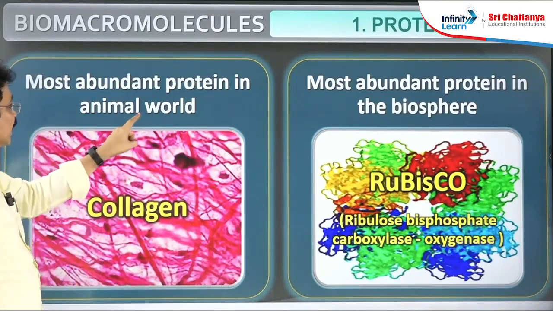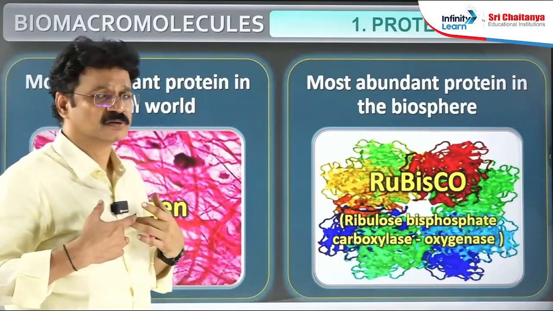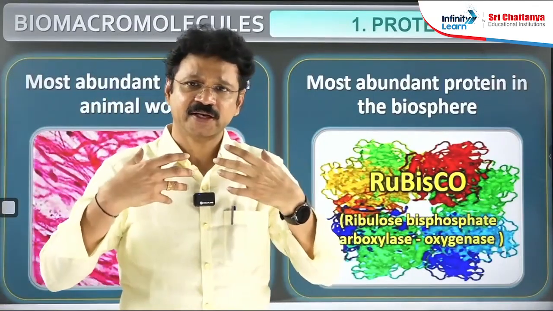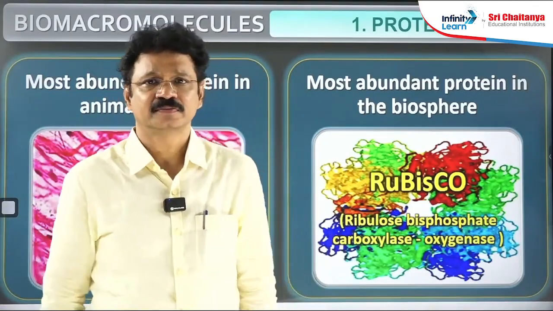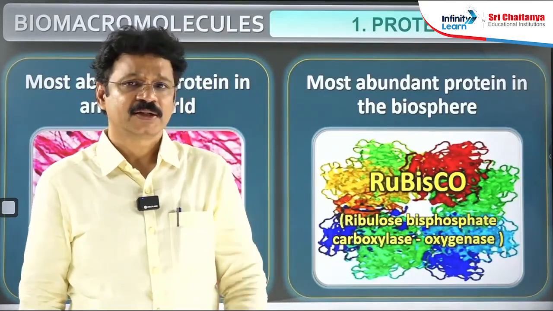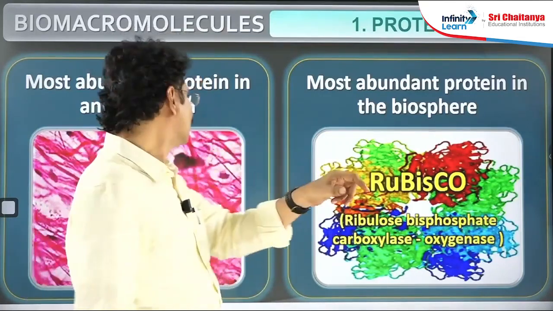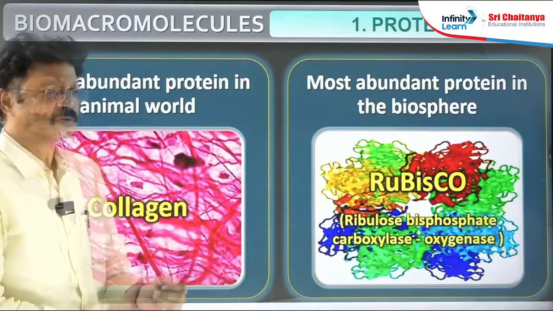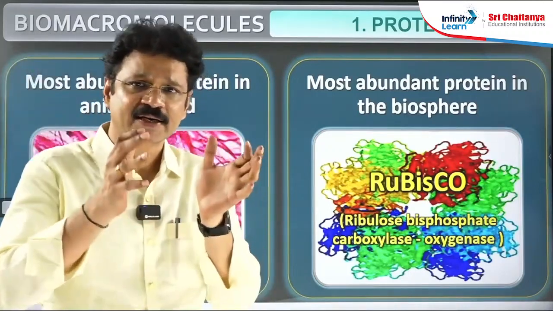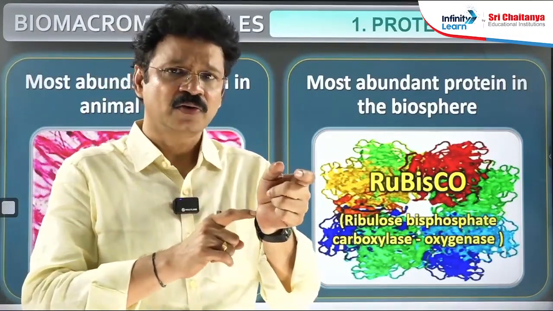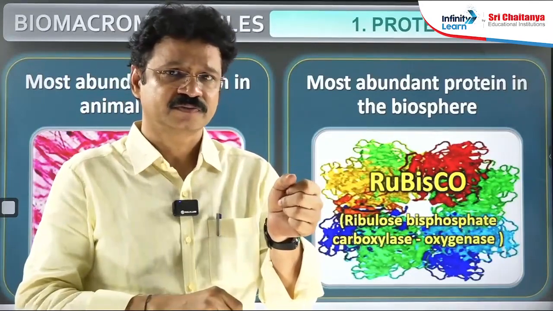Collagen is the abundant protein in the animal world, even in our body. Maximum protein in our body is in meat form, and the abundant kind of protein there is collagen. Collagen protein acts as a connecting link between our bone tissue and muscle tissue.